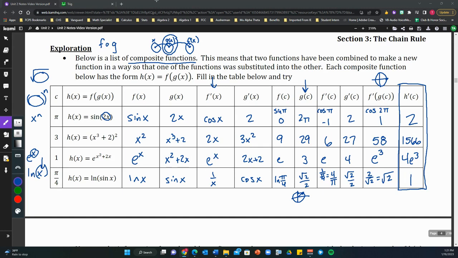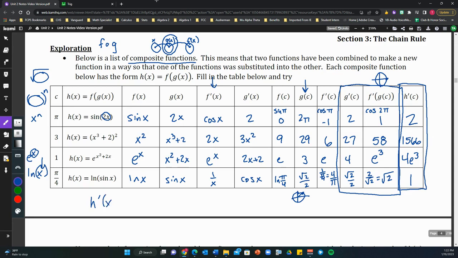But to find the value of h prime of c, to evaluate this function's derivative at these values, all we had to do was take these two columns and multiply them together, which means we have just discovered the chain rule.